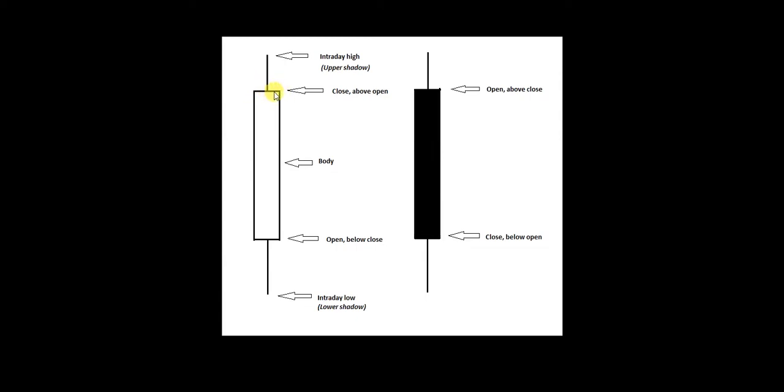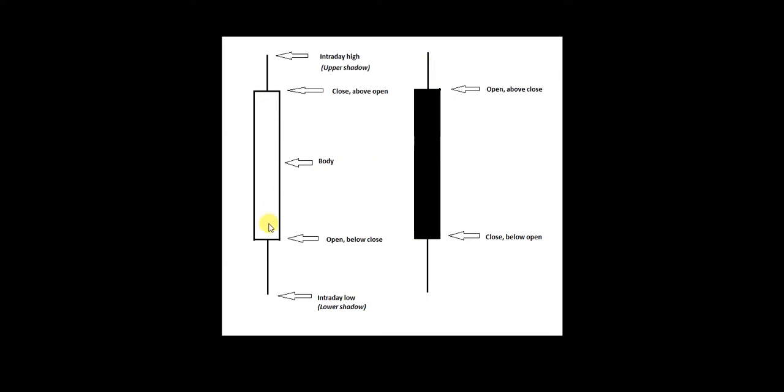So the place where the price closes at the end of the day, for example a 24-hour period, is the close, and the distance between open and close is the body in a bullish candlestick.